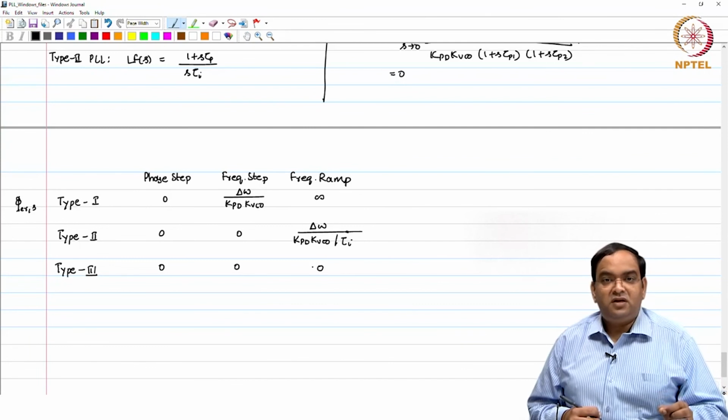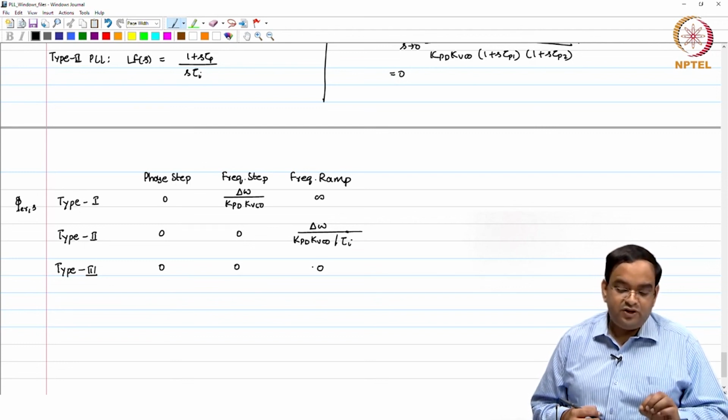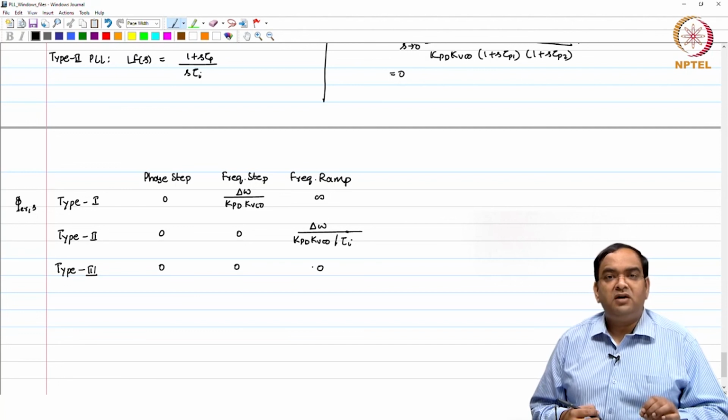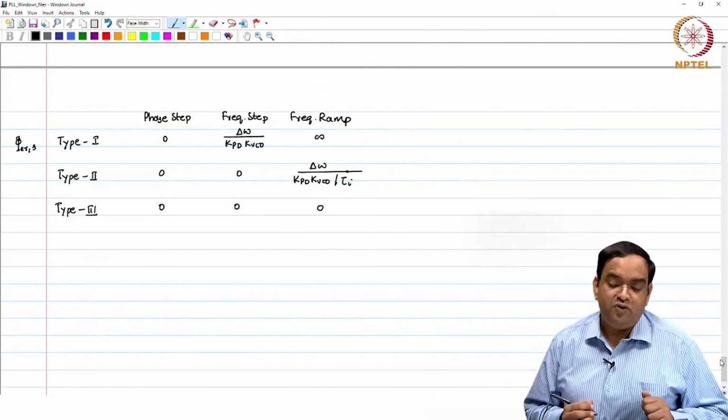So, based on what you would like to do with the PLL, whether you would like to apply phase step, frequency step or frequency ramp, you can choose the type of the PLL. Okay. And type and order of the PLL will depend on what kind of tracking you want. So, based on that you make a choice.